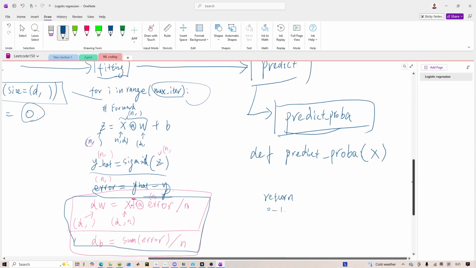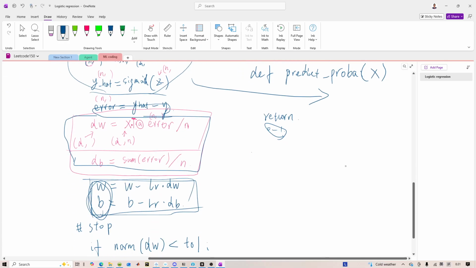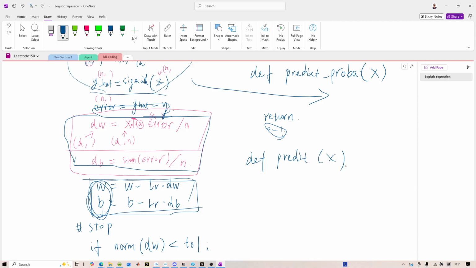That's your probability, and that is very easy, which is essentially this part goes here, right?